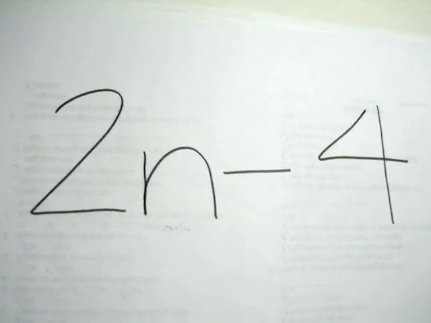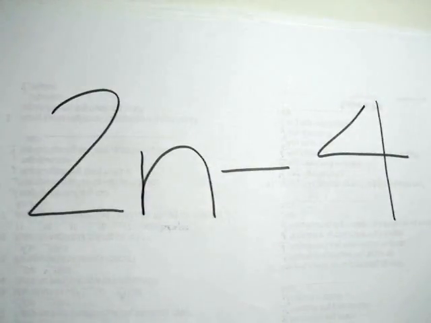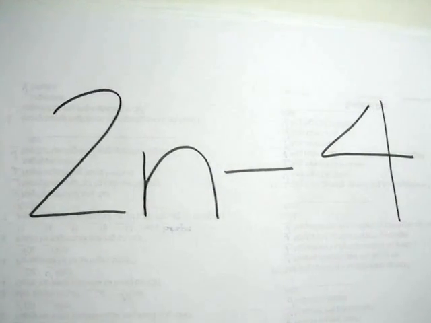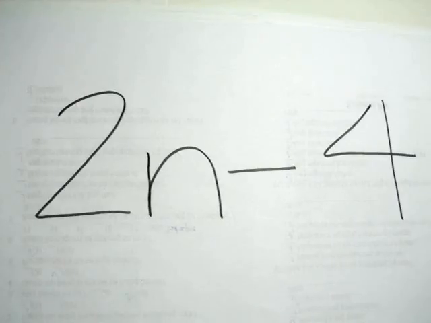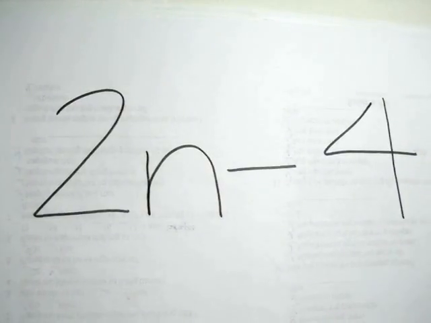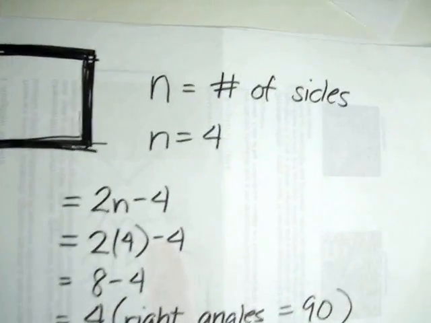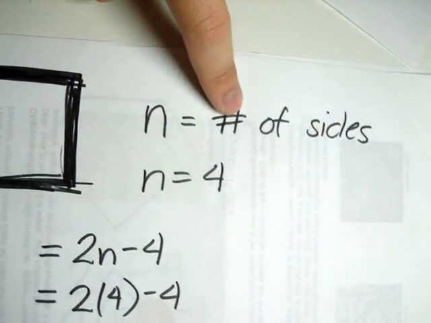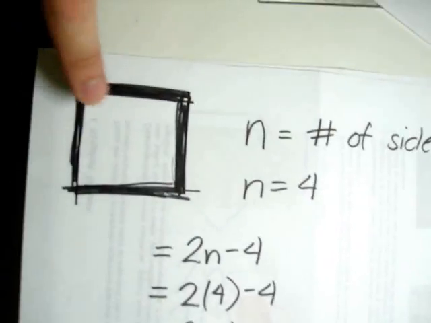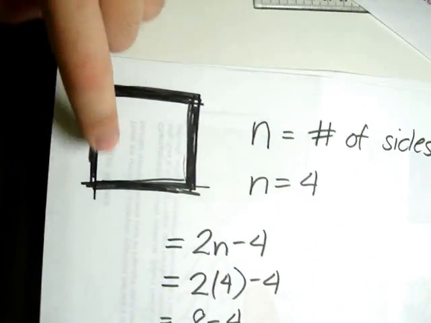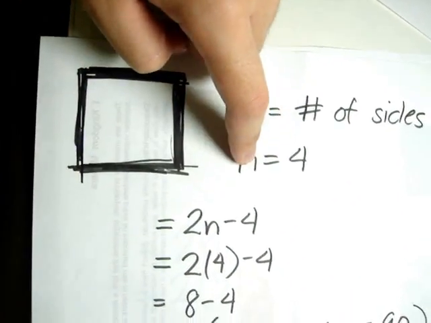Pythagoras also knew the generalization, which states that a polygon with n sides has a sum of interior angles of 2n minus 4 right angles. Here's an application of the formula 2n minus 4. n equals the number of sides, and in the next example it's a square, so 1, 2, 3, 4 sides, so n equals 4.